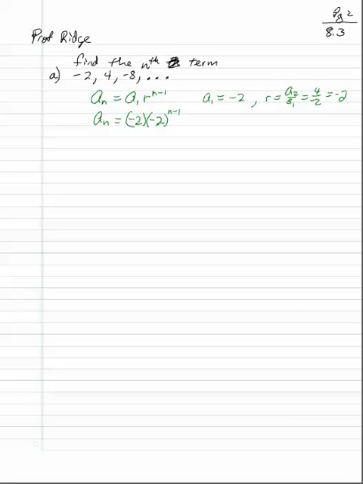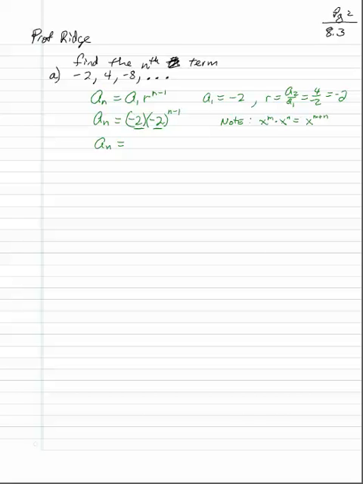Now, that's the nth term, but since both of these bases are negative 2, we can use exponent rules and combine them. Note, if we're doing exponent rules, x to the m times x to the n, what do you do with the exponents? Hopefully you're saying you're going to add them.